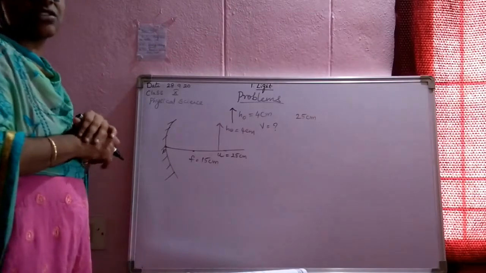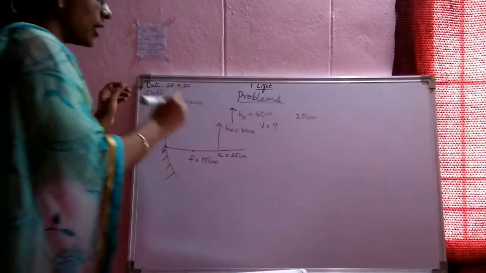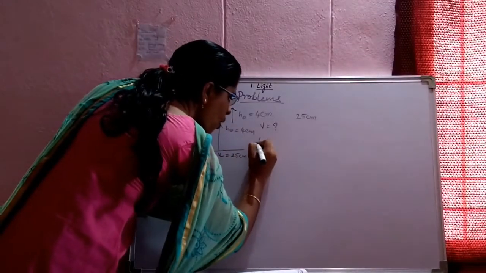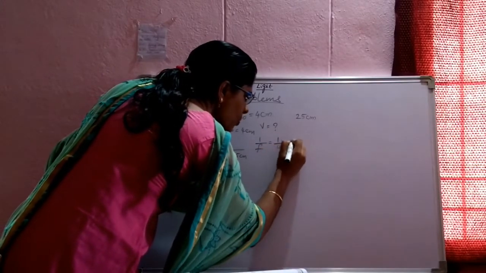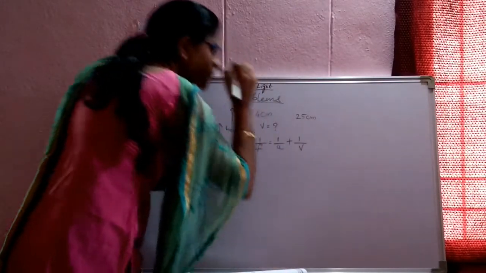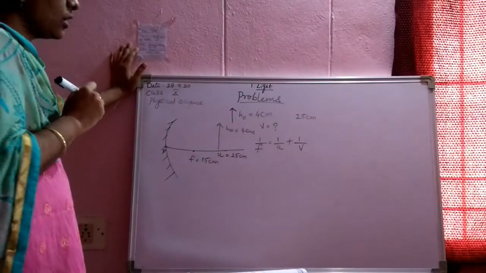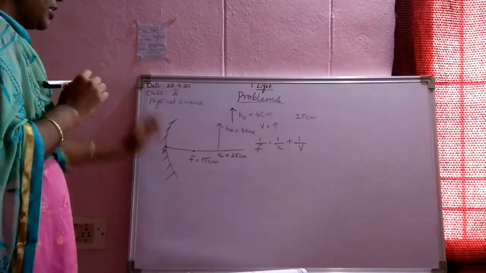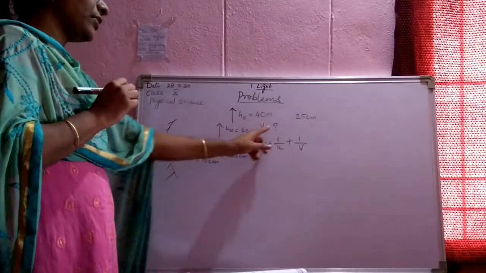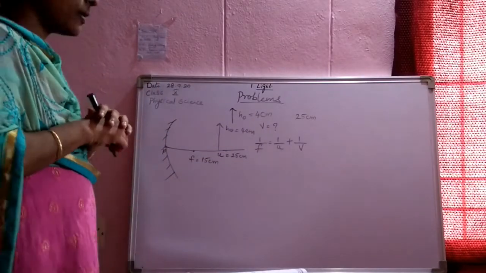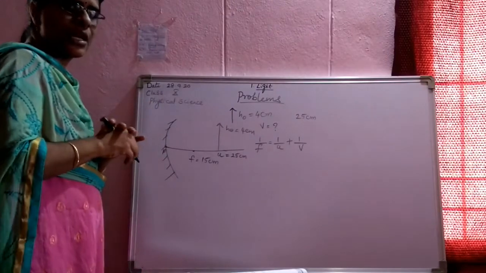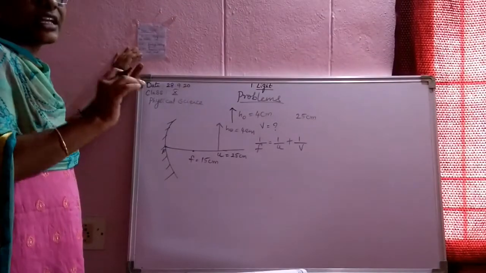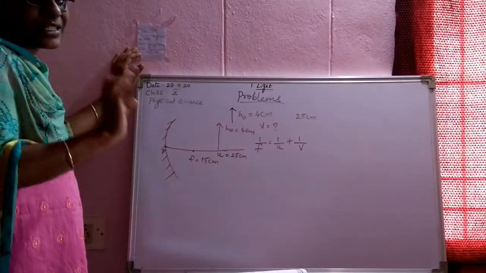What is the relation first of all? I have told you, 1 by F equals 1 by U plus 1 by V. Now F is there, U is there, so we can find out V. But before substituting into the formula, sign convention rules must be followed.